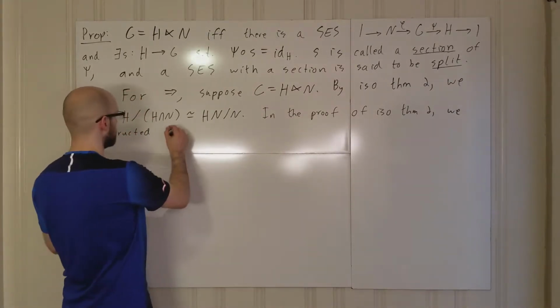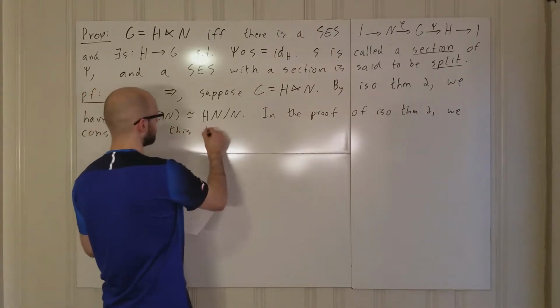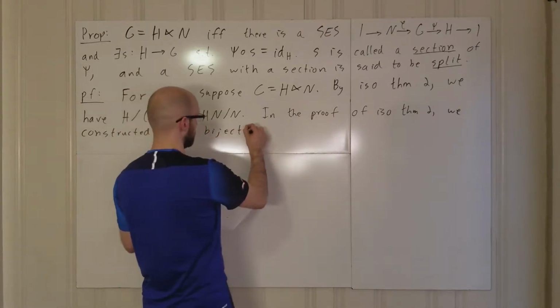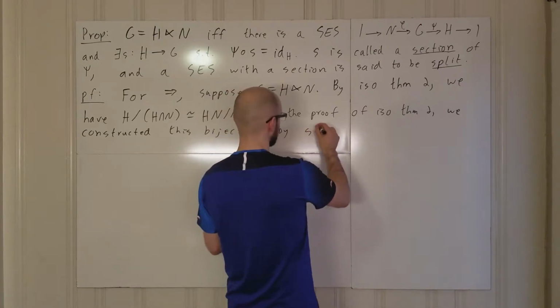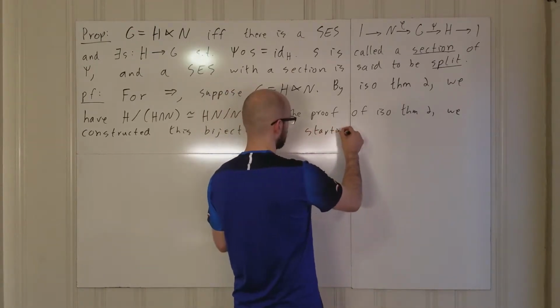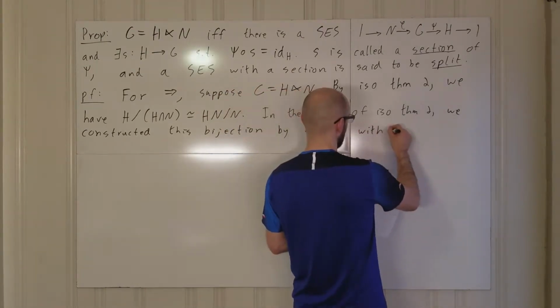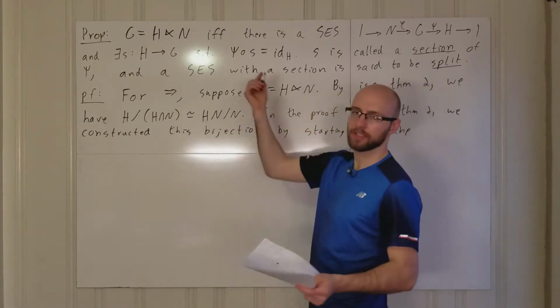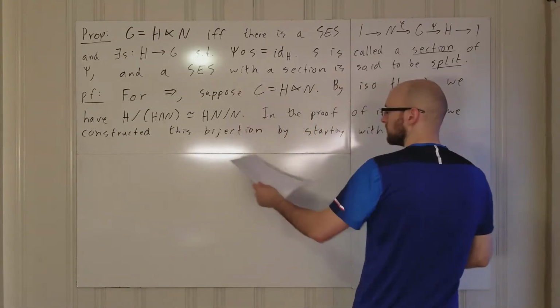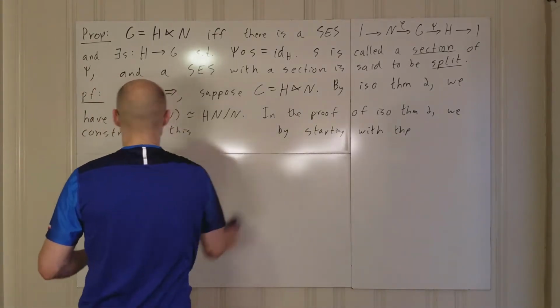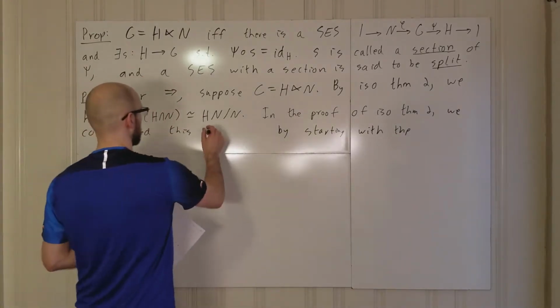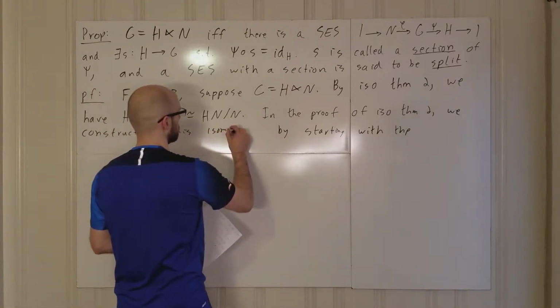So we constructed this bijection by starting with the isomorphism. We constructed this isomorphism, which is obviously going to be bijective in particular, but there's more to it.